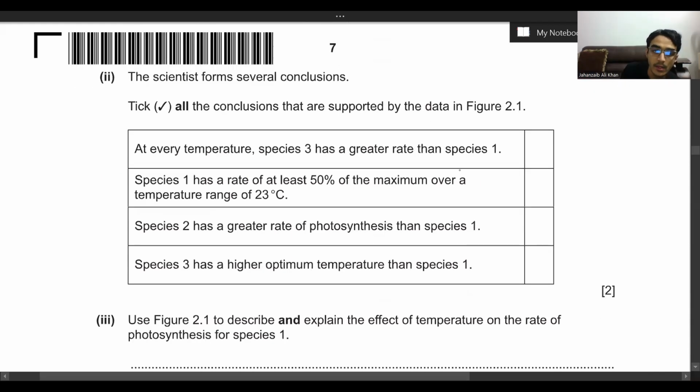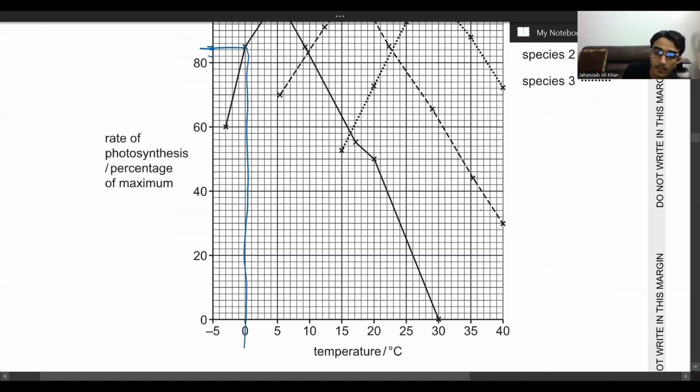We are not going to take that. Species 1 has a rate of at least 50% of the maximum over a temperature range of 23 degrees centigrade. Let's go back to the graph. Here's 23 degrees, and if I go from up here, for species 1, we're somewhere around here.